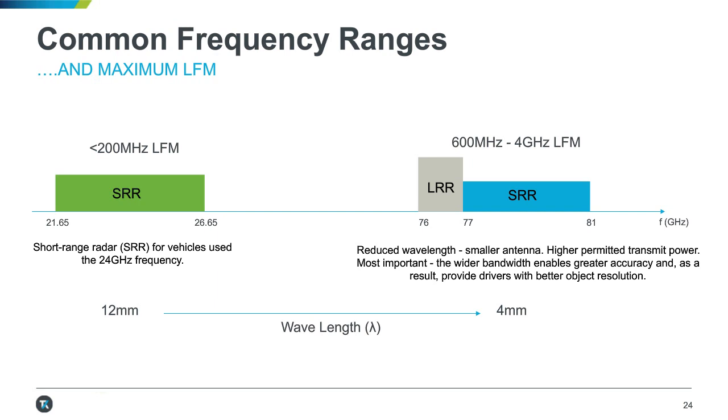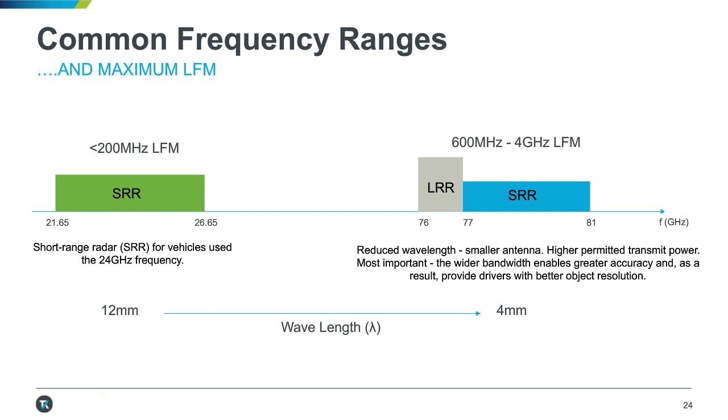Plus, regulation for maximum power is much higher in these newer bands as well, so you can get a longer range with the radar as well. So all indications are that the higher frequency band, around the 76 gigahertz band, is going to be the dominant band for radar as we go forward. We won't see so many new products in the 24 gigahertz band.